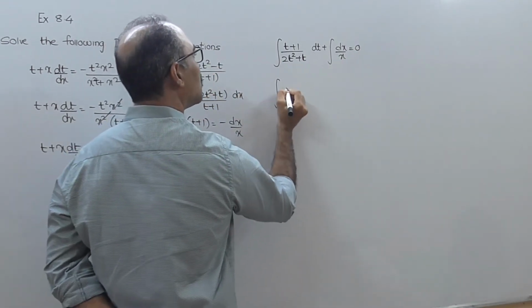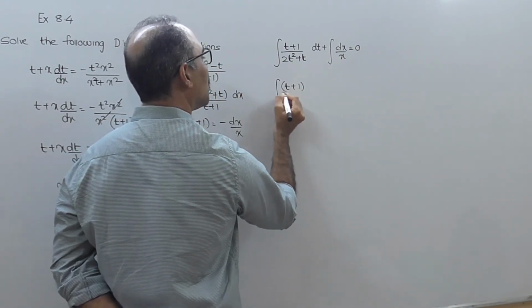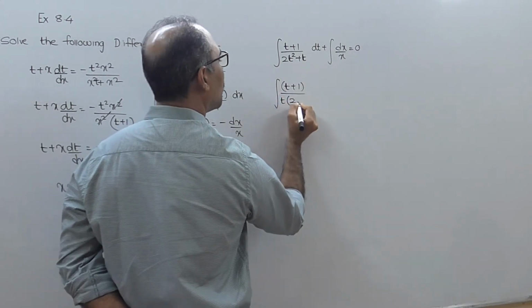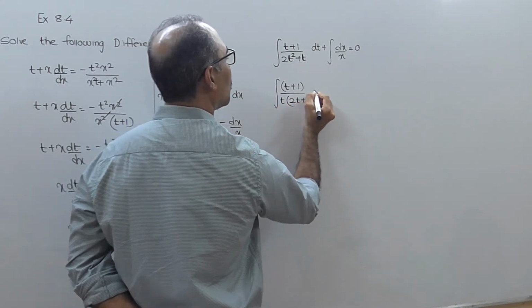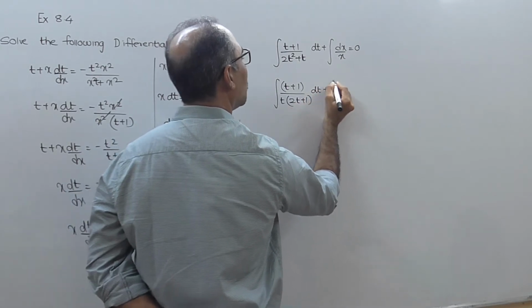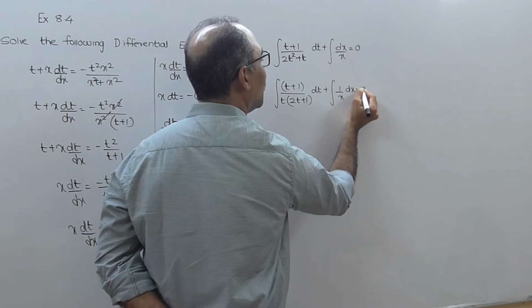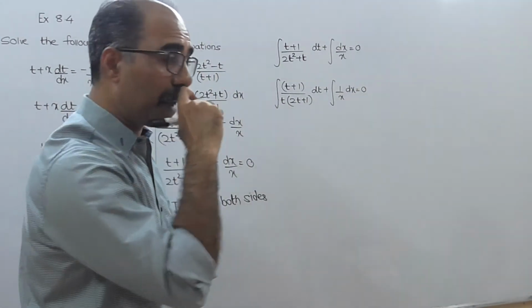Now I will write this as t plus 1. I will try to take t common. Taking t common, I get 2t plus 1 dt plus integration. This is easy because the integration of 1 upon x is log x, so no problem.